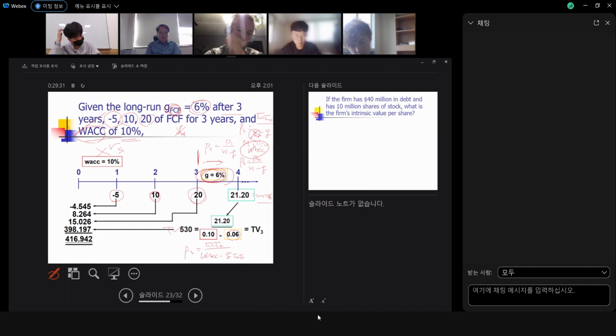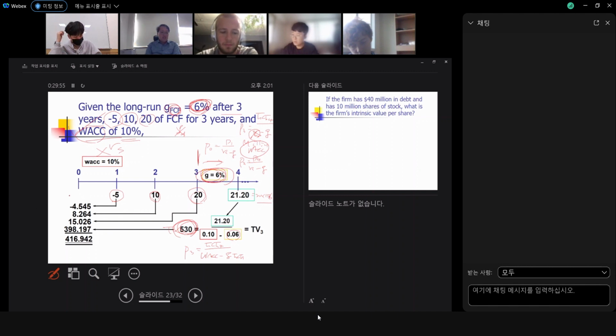All information is given, then this is $530 million. This $530 million means all of the free cash flow as of year 3. This is the terminal value, right?